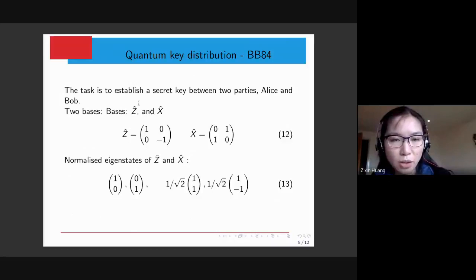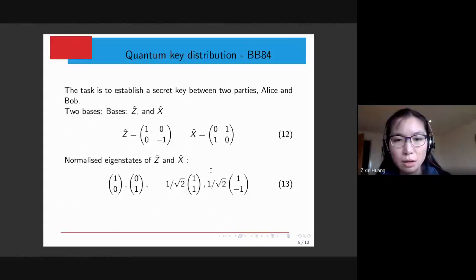They will make use of two bases, the eigenstates of Z and the eigenstates of X. So Z looks like this and X looks like that. You've seen that many times. We know that the normalized eigenstates of Z are 0 and 1. For X, these are the plus and minus states.